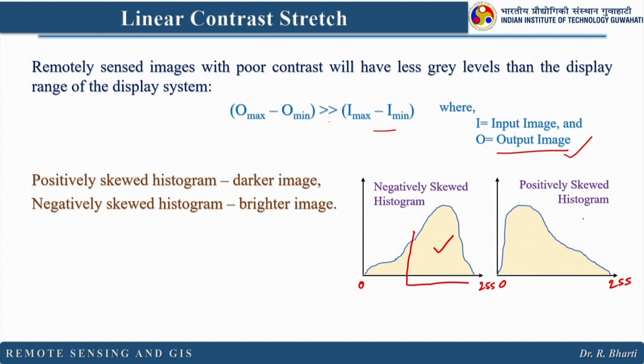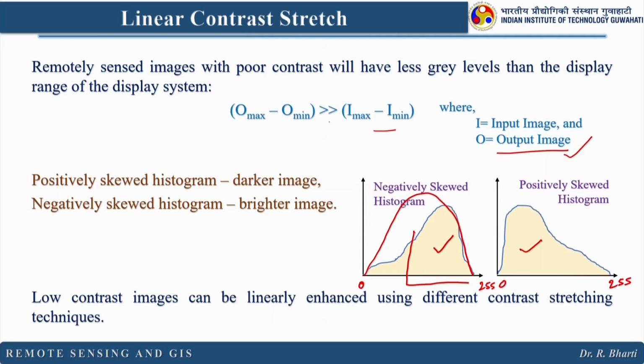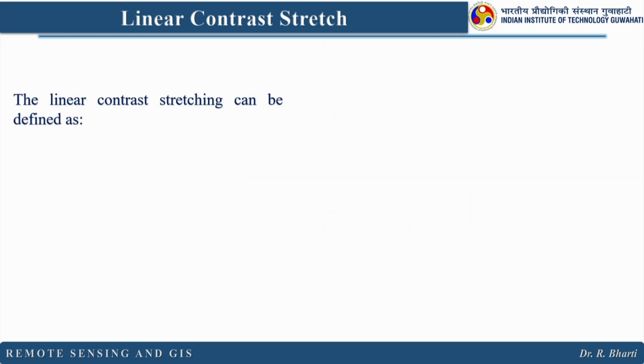If it is a positively skewed histogram, then your values are in the lower range, so your image will be darker. In both cases the image does not have good contrast, because it is not a standard histogram. If it were like this, the image would be better. Low contrast images can be linearly enhanced using different contrast stretching techniques, which we will see in subsequent slides.